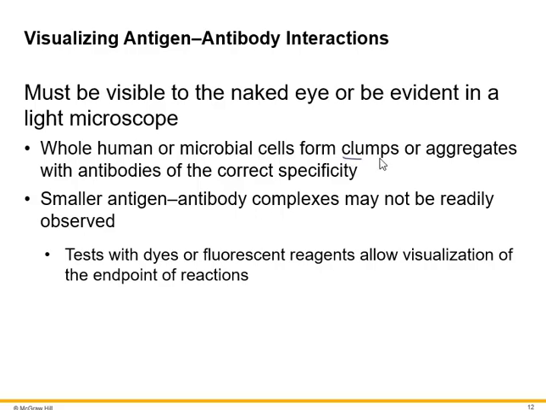Whole cells clumping with antibodies is called agglutination, and that is something we can see. But with smaller antigen-antibody complexes, you really may not be able to see it, so you have dyes or fluorescent reagents to be able to visualize it. So these are your contact signals.